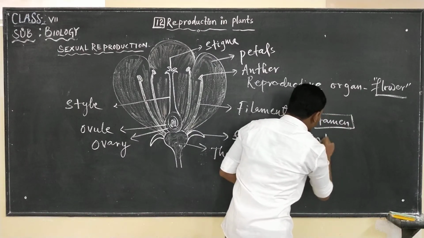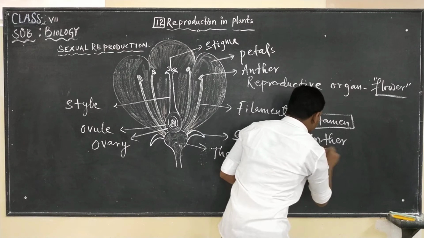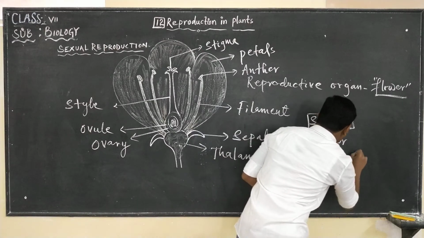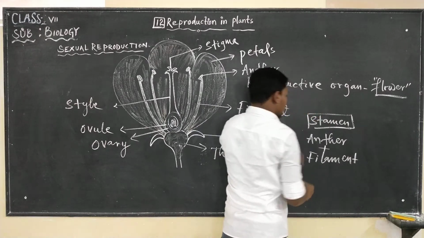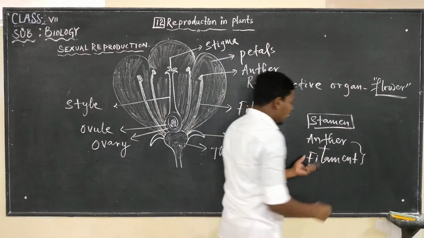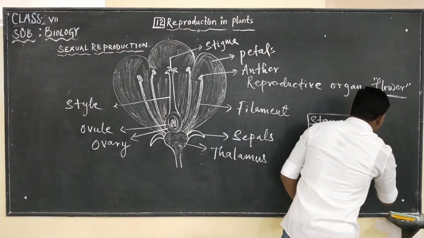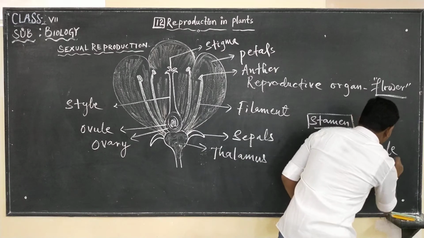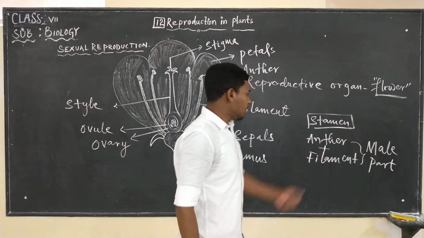Anther plus filament, they are known as stamen, and it is the male part of the flower.